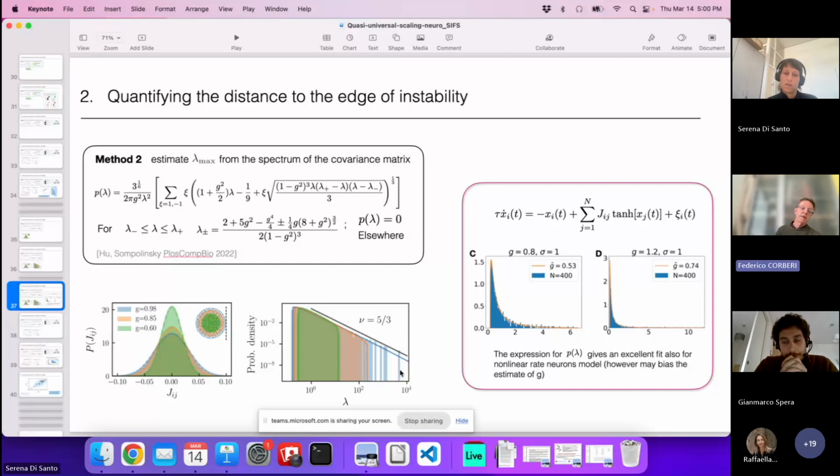Maybe there is a way to relate the distance from criticality to the upper cutoff, but of course I understand that experimentally it could be very hard to see that. Yeah, as related to the finite size of the system, not only related to the finite lambda, which is not exactly 1, so you are not exactly at criticality.